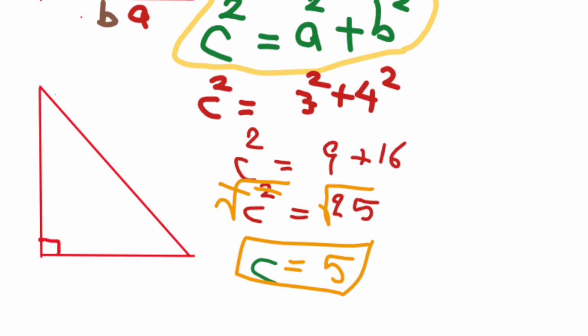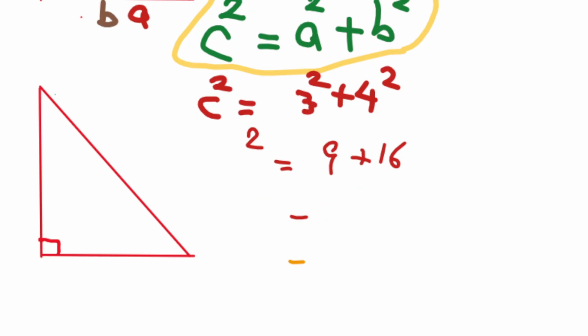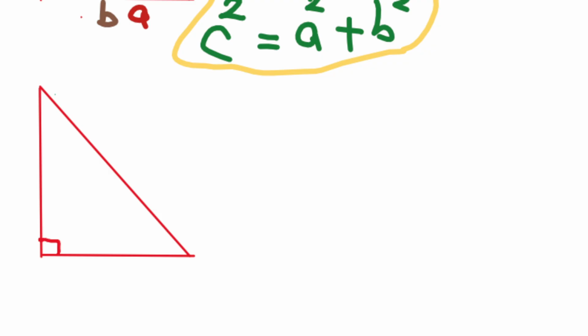Now, let's look at another example to understand it better. I'll erase this, we don't need it anymore. Now we do have this nice triangle. Let's say this length is 6 and this length is 8. And they ask you to find this. You can pause the video and try it yourself.